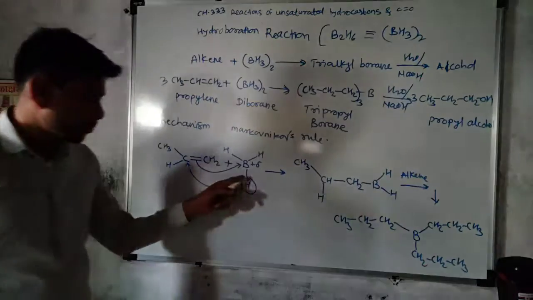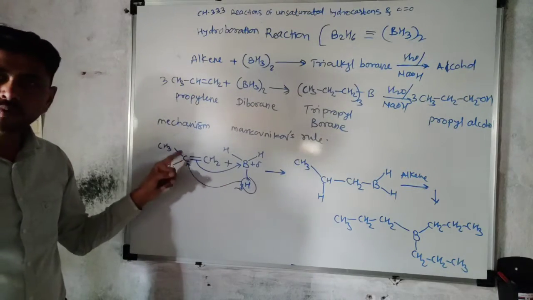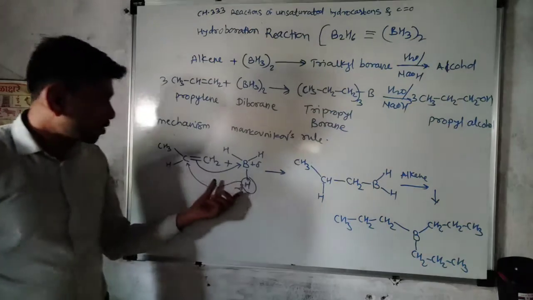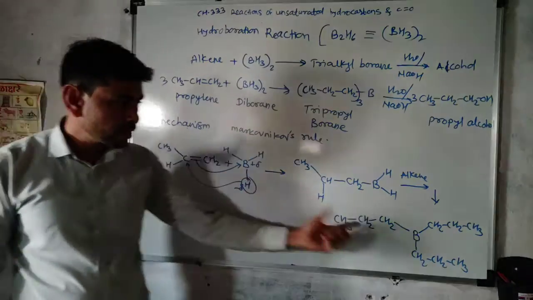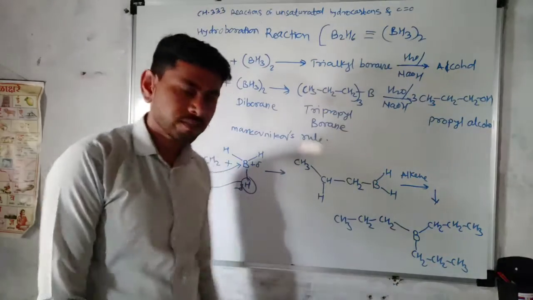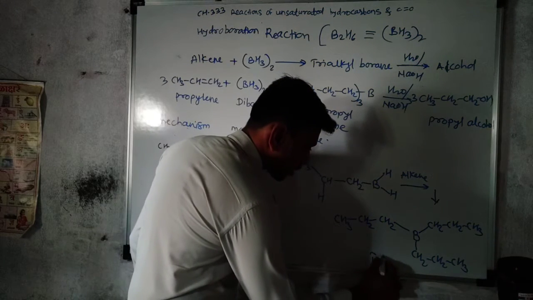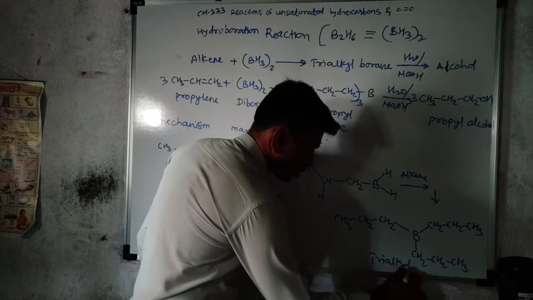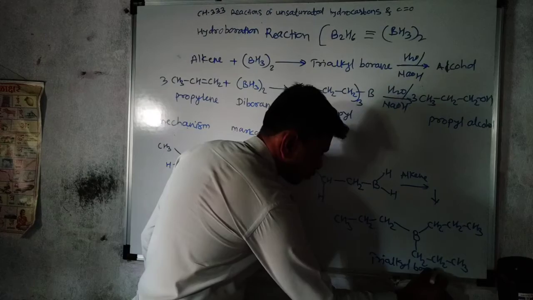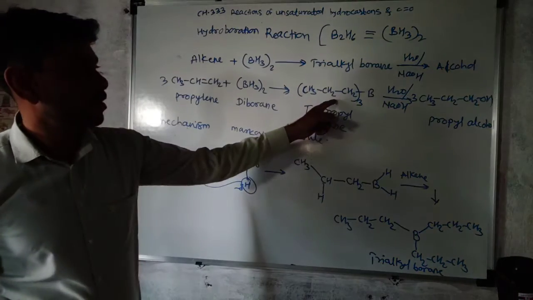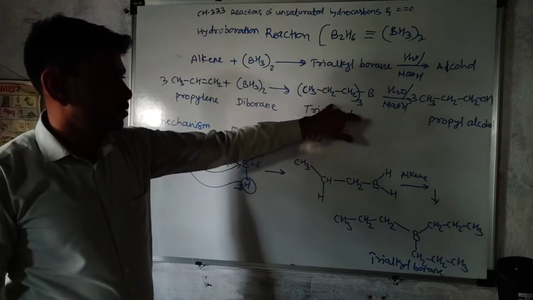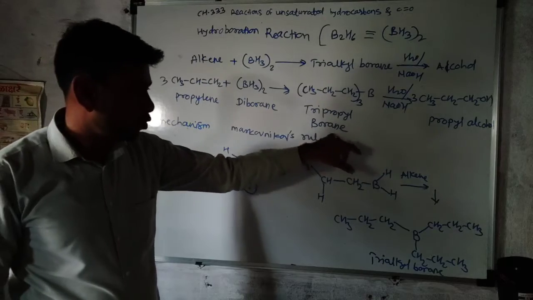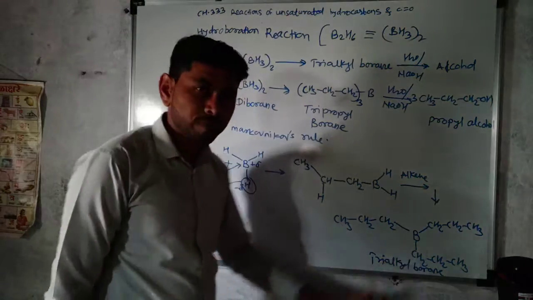In the same way, 3 hydrogens transfer to 3 alkyl groups, and we get the trialkyl borane as an intermediate. As we saw, tripropyl borane, this trialkyl borane, is obtained here.